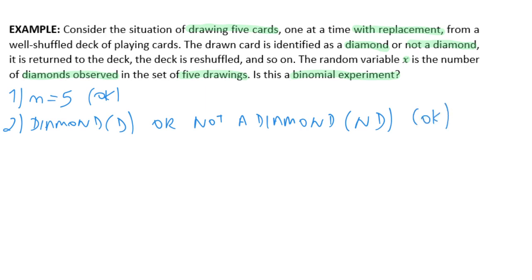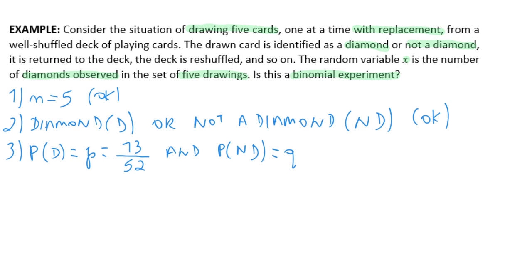Property 2 is okay. Number 3, the probability of diamond equals P equals 13 divided by 52. And the probability of not diamond equals Q equals 39 divided by 52.